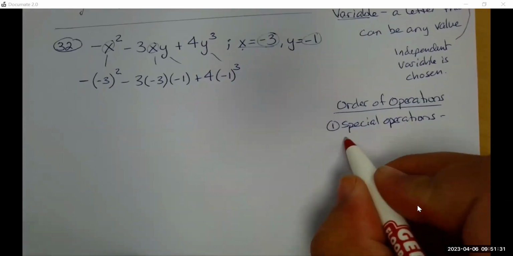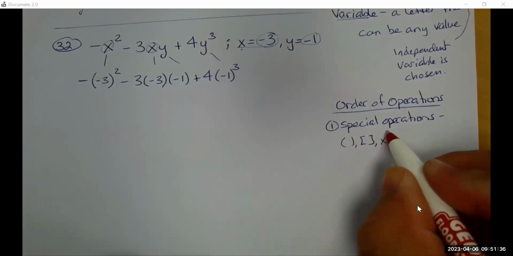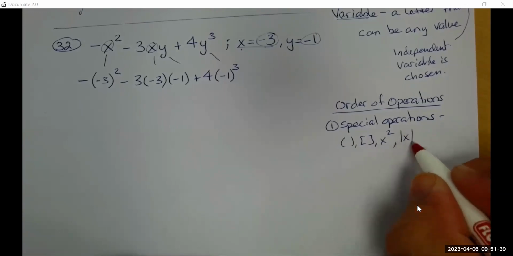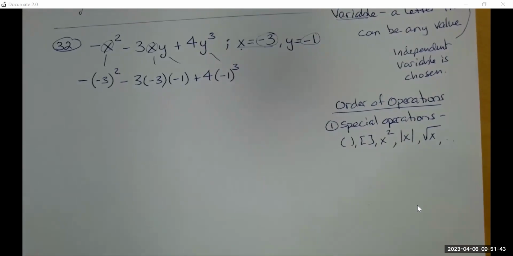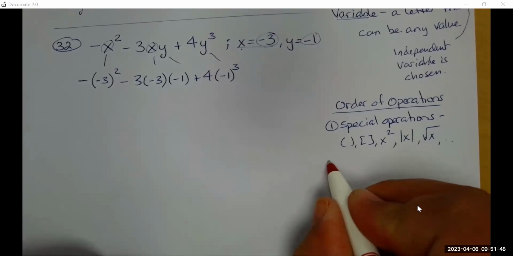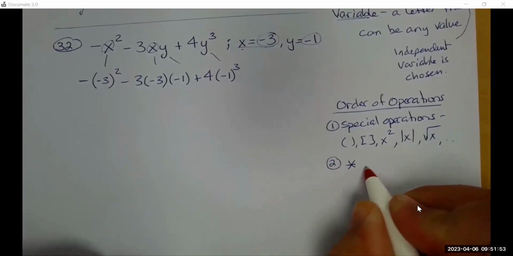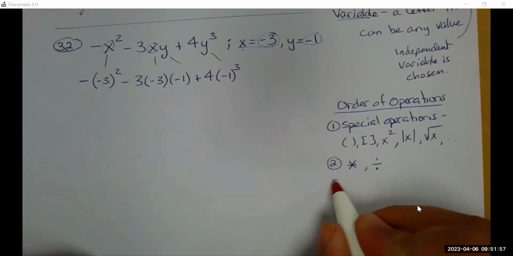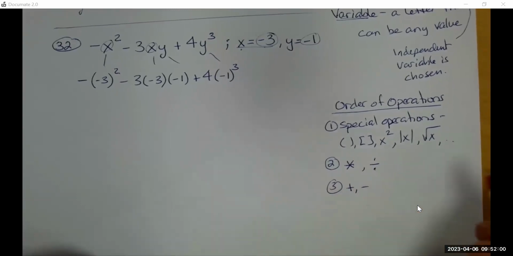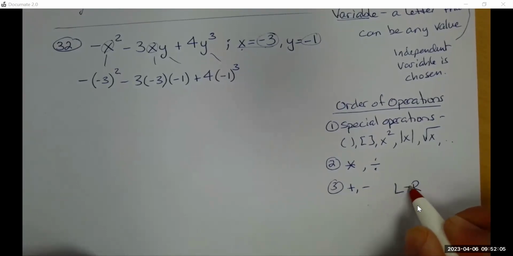By special operations, I mean parentheses, brackets, exponents, absolute values, square roots, and so on and so forth. You do anything that looks weird. After all those are taken care of, then you do multiplication and division, and then addition and subtraction, as you read from left to right.